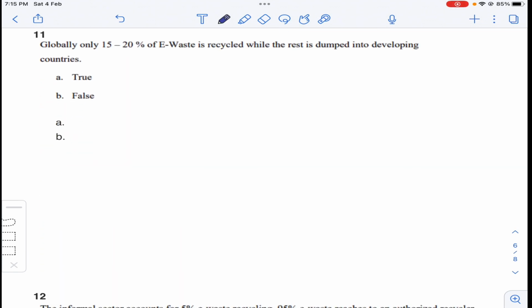11th, globally only 15 to 20% of e-waste is recycled, while the rest is dumped into developing countries. So, generally 15 to 20% of e-waste is recycled.